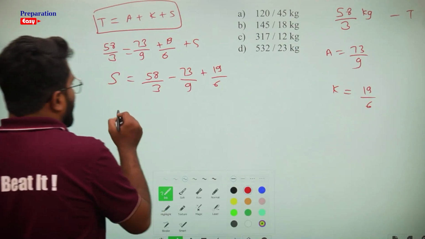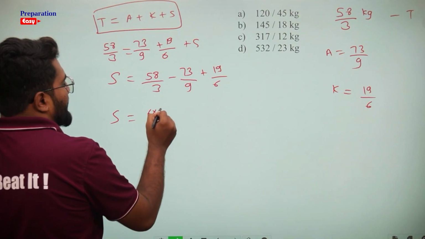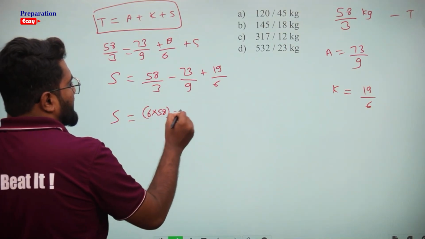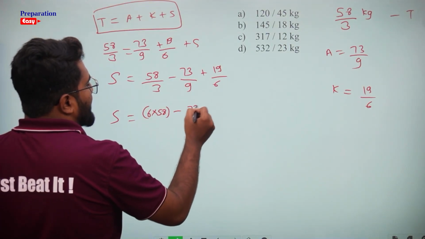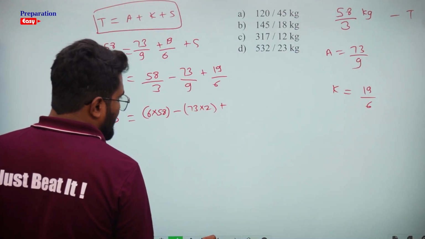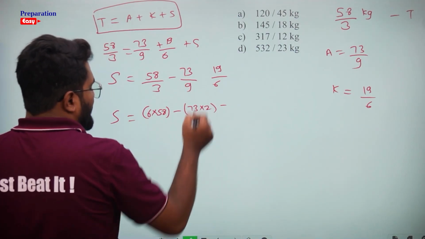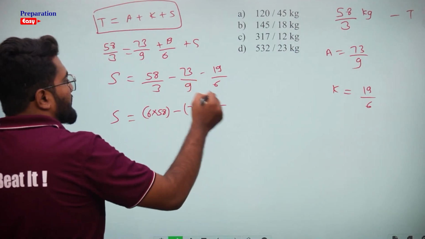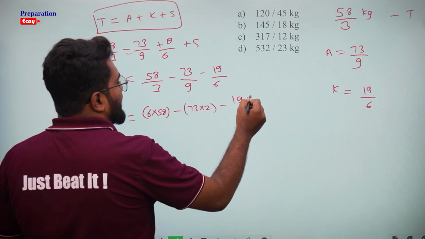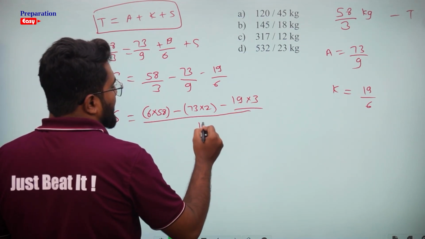So S equals 6 into 58 minus 73 into 2, plus, sorry, this will also become minus 19 multiplied by 3, and the whole divided by 18.